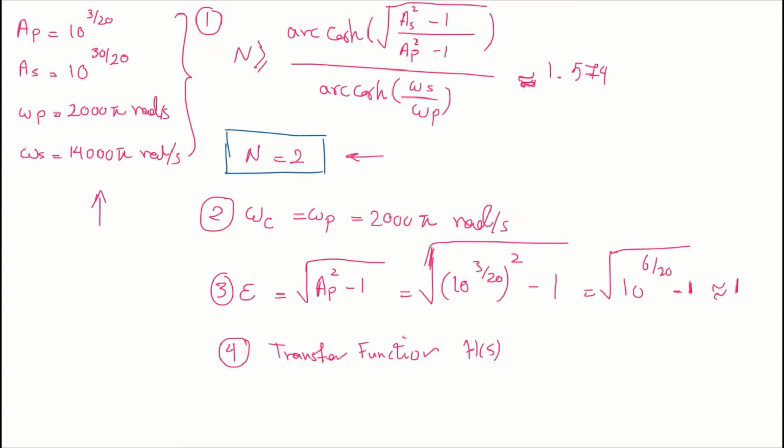Alright, the general form of the transfer function for a Chebyshev Type I filter is like this.